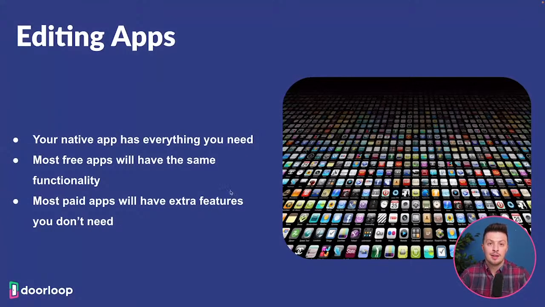Like I mentioned in the slide, most free apps will have the same functionality as the native app on your phone, so it's not worth downloading. The phone app is already optimized to meet all the basic needs that we're going to talk about here. Most paid apps will have extra features, photoshopping and this and that, but we don't need all that. We're going to keep it simple and keep it moving forward. Okay.